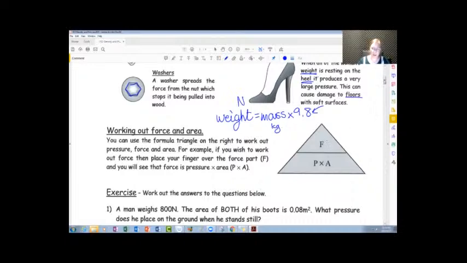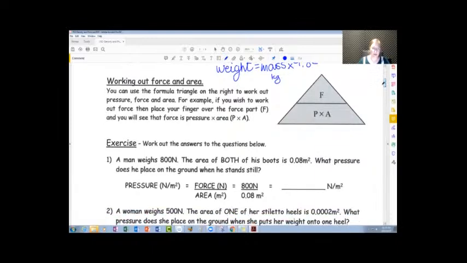Now, let's move on a bit. If we want to work out something using our pressure formula, we can use this triangle. If you want to get the force, you put your finger over it and close that whole area up. What's left will give you the formula for force.